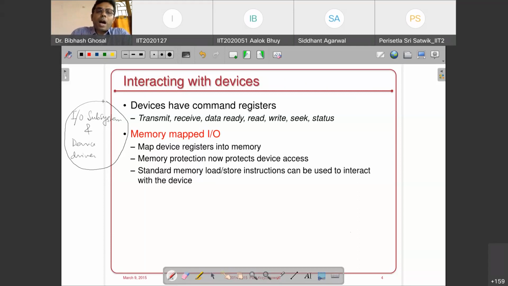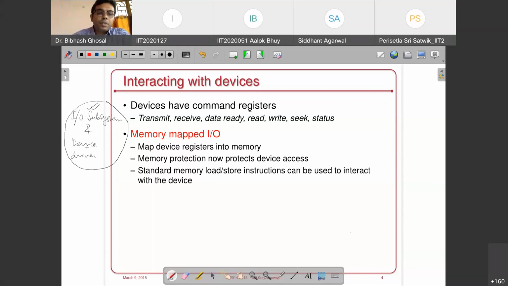So what is this IO subsystem? It's those modules of the computer system that interact or ensure communication between the computer and the IO device. So this is the one that makes sure.